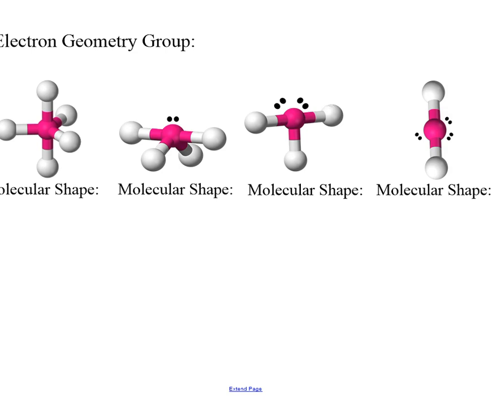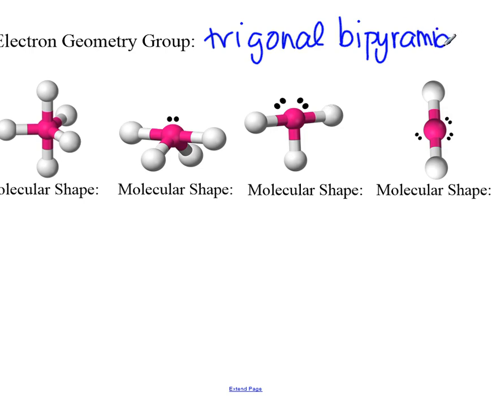So this electron group is called trigonal bi-pyramidal. There are 4 different shapes you can get. This one is when you have 5 bonded pairs, the molecular shape is trigonal bi-pyramidal.